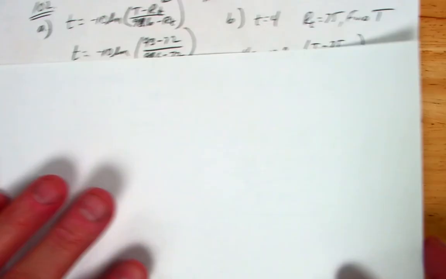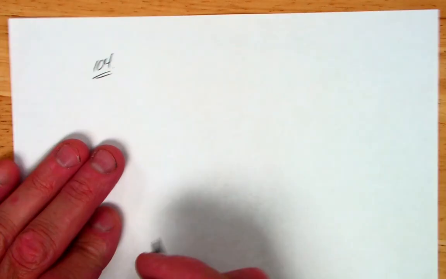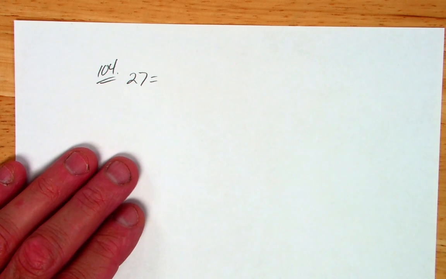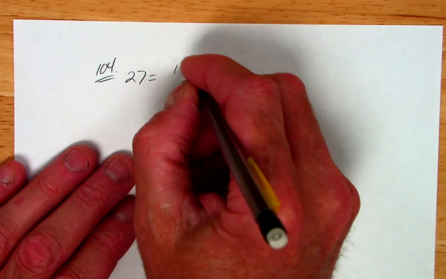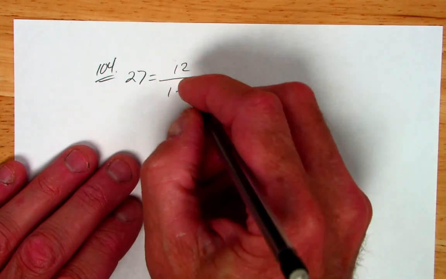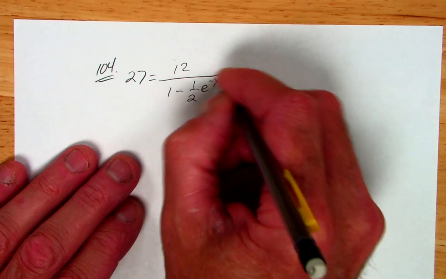Last one. 27 equals 12 over 1 minus 1/2 e to the negative x.